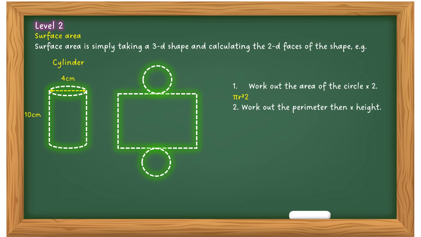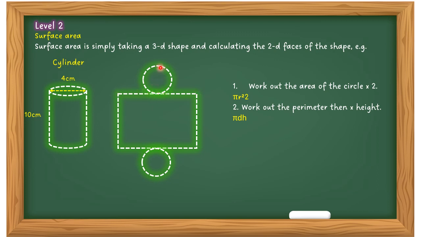Now you work out the perimeter and then the height. Okay, now we have to figure out what this length is and what the height is. So the formula for that is pi times diameter times the height. Now we know pi times diameter would give you the perimeter, this here. But if you think about it logically, if you open that up, that would be the same length as that.